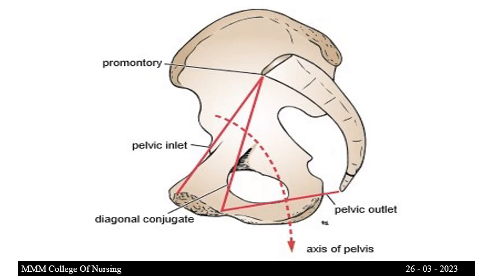These are the two main diameters of the pelvic inlet. The pelvic outlet is the diameter between the sacrococcygeal joint and the lower border of the symphysis pubis.